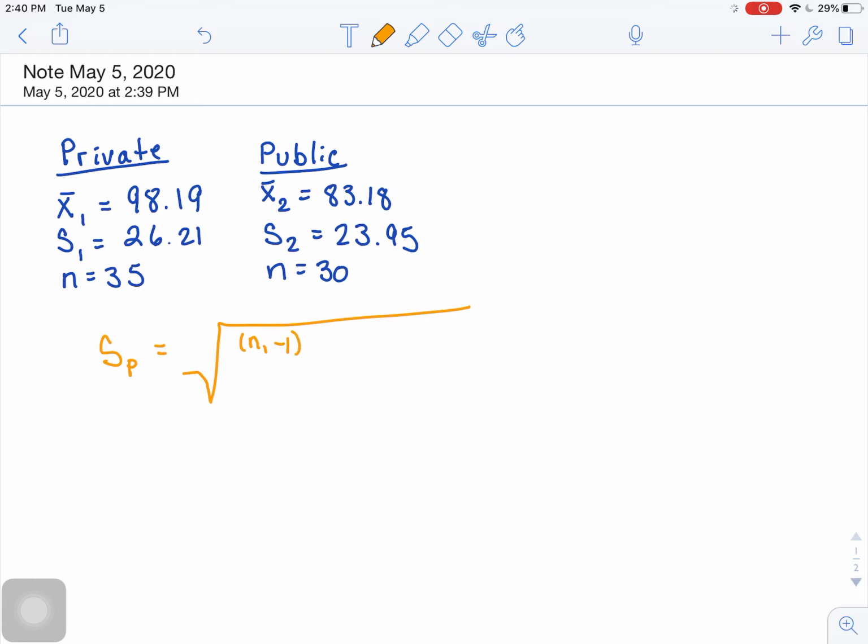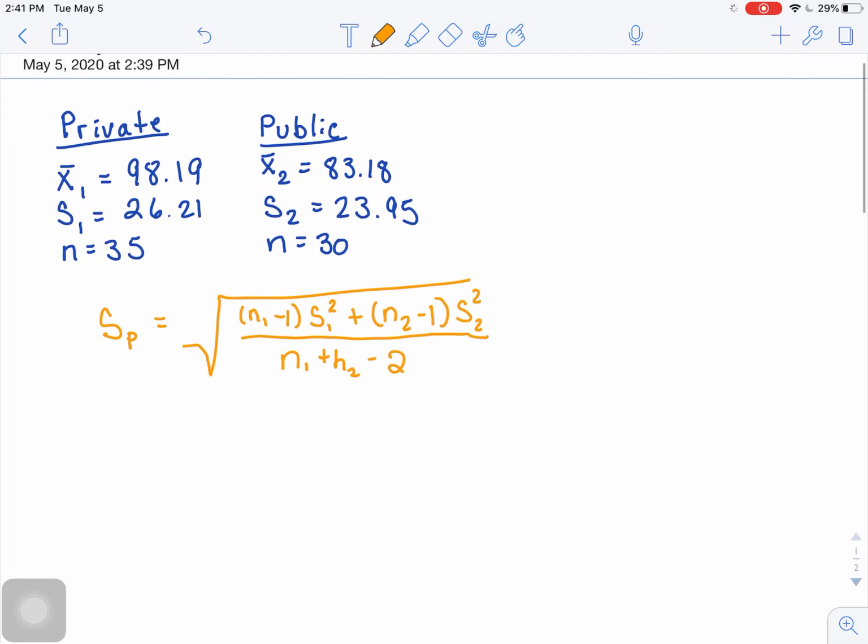It's n1 minus 1 times the sample standard deviation for population 1, squared, plus the sample size for population 2 minus 1 times the sample standard deviation for your second sample, squared. Then we divide that whole thing by n1 plus n2 minus 2, and then we take the square root of that whole big thing.